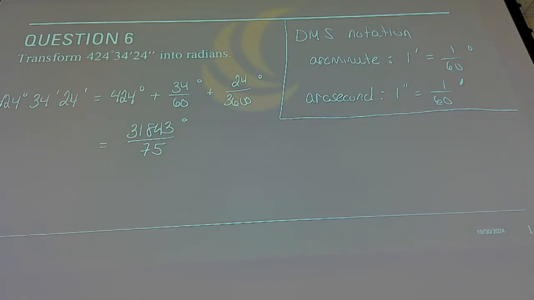Now the conversion factor. How many degrees would be in 1 radian? What is it? 180 degrees is in pi radians. So how many radians in just 1 degree?